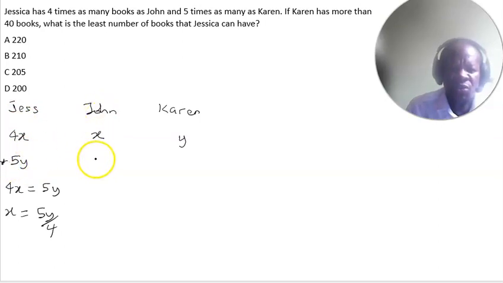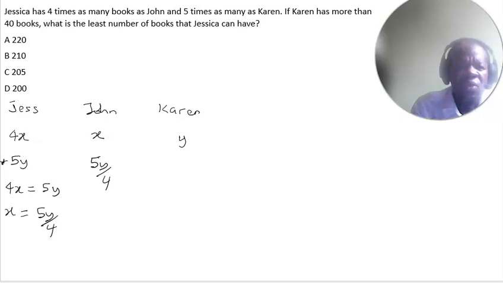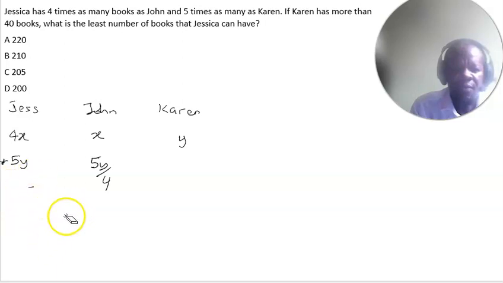The number of books for John is, since x equals 5y over 4, 5y over 4. And Karen's is y. So let us wipe this off. Okay.